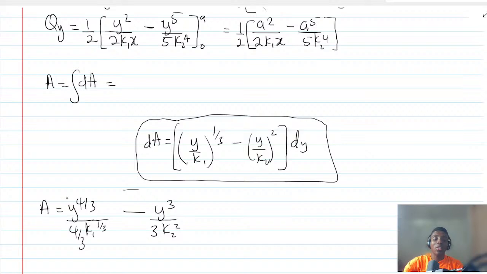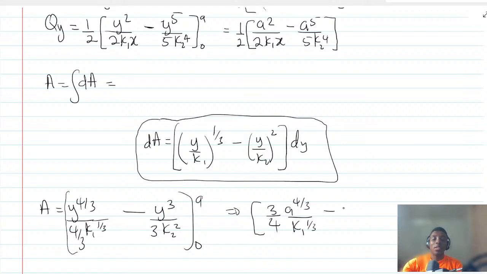This is the integration, but the limit of the integration is from 0 to a. So wherever you see y, you put a there. So it's going to be 3/4 a^(4/3) divided by k1^(1/3), minus a cubed divided by 3k2 squared.